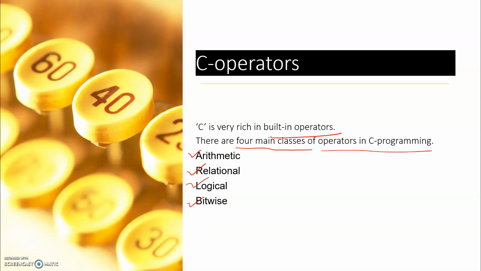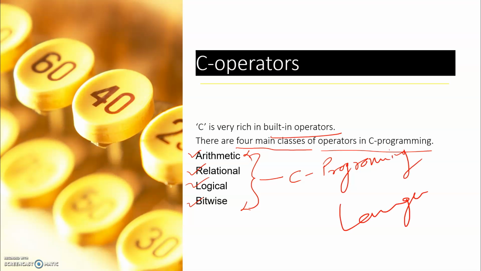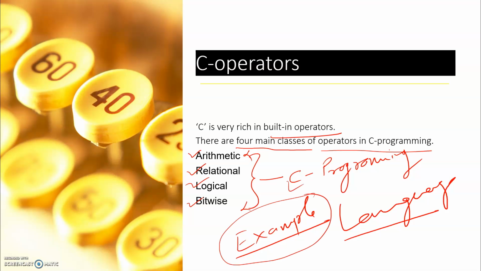We are going to discuss all these 4 categories of operators supported in the C programming language, and we'll see how we use these operators in C programming with the help of examples.